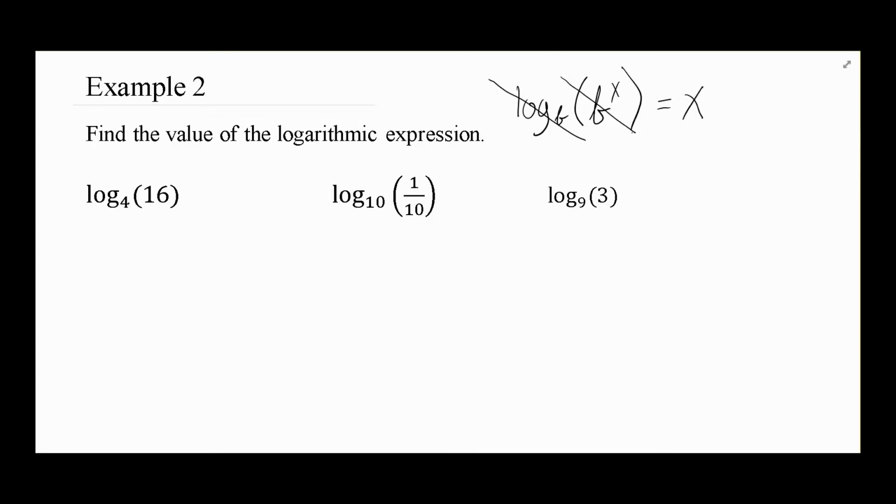And I'm going to repeat that because you might want to jot that down in your notes. What we're trying to write this as is log of something and then exponential of something, where the base of the log and the base of the exponential are the same.